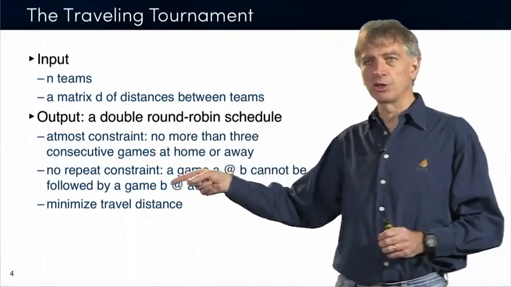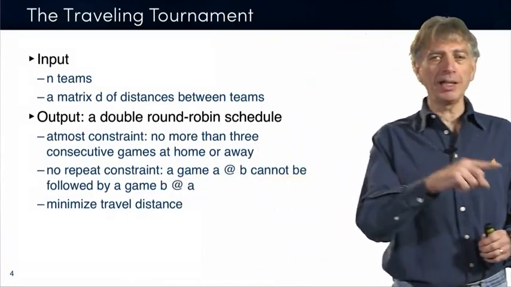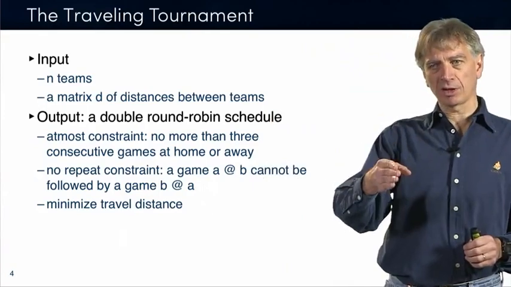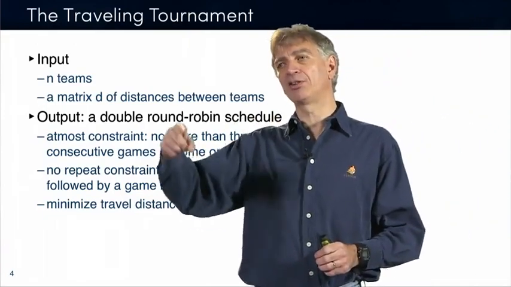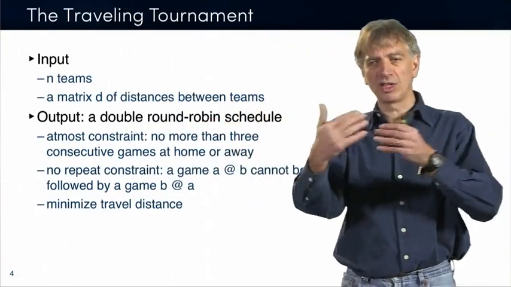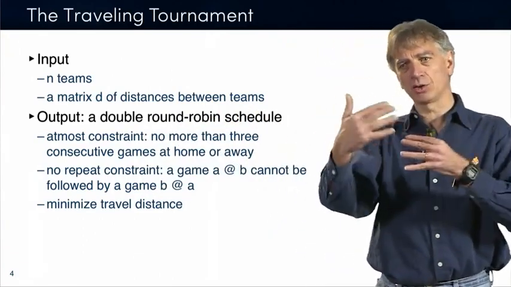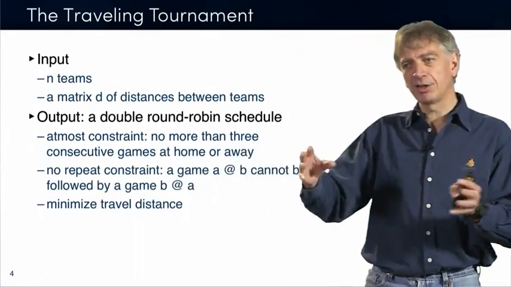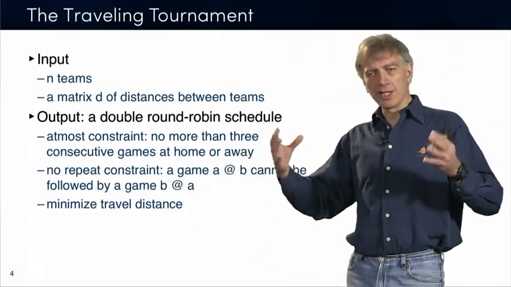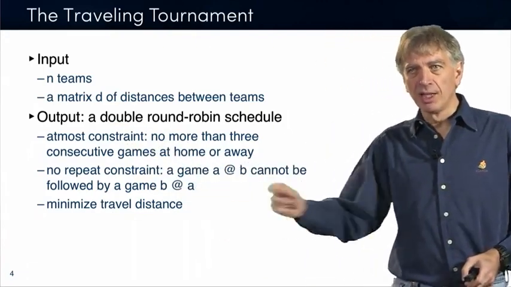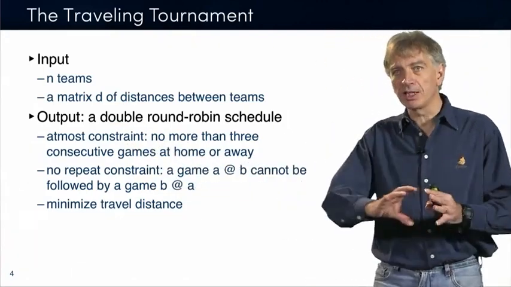The second constraint is the no-repeat constraint. If A plays against B on a particular week, you don't want A playing against B, even at B's stadium, the next week. You don't want these two teams to play each other in two successive weeks. You want to spread that out to make the schedule more interesting. These are the two feasibility constraints we will deal with, and then the objective function is going to minimize the travel distance.